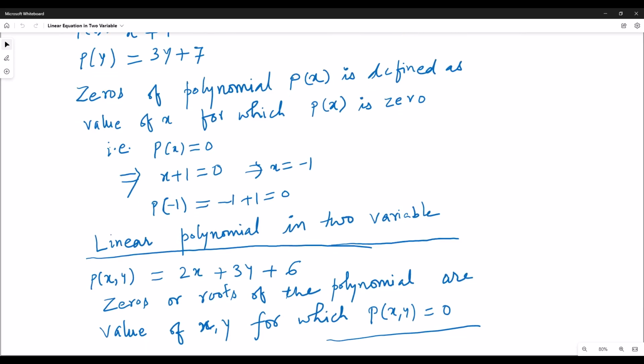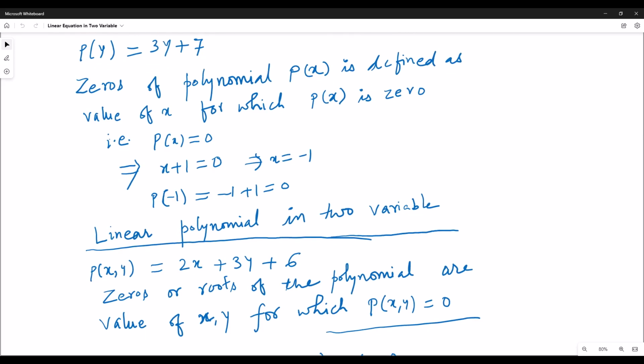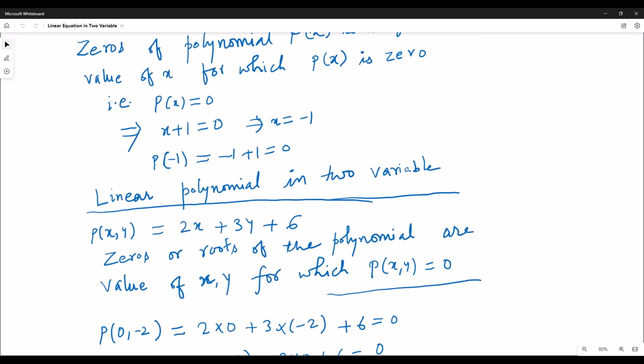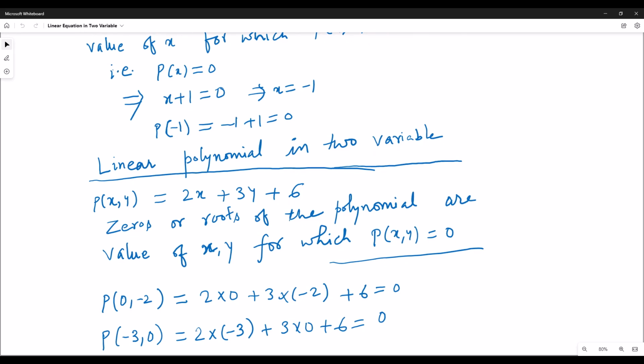Linear polynomial in two variables. That was the linear polynomial in one variable, and this is linear polynomial in two variables, that is p(x,y). So zeros or roots of the polynomial are values of x and y for which p(x,y) is 0. You have to replace the x and y with some values, and if you put those values, this expression has to become 0.